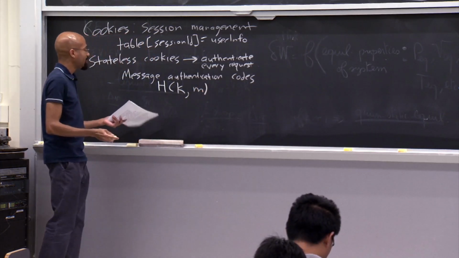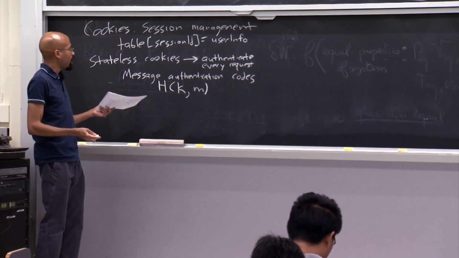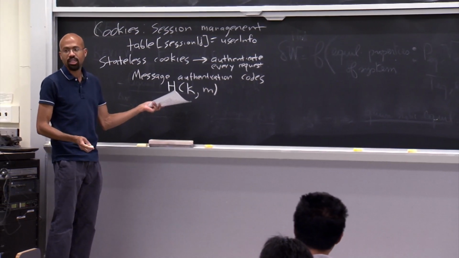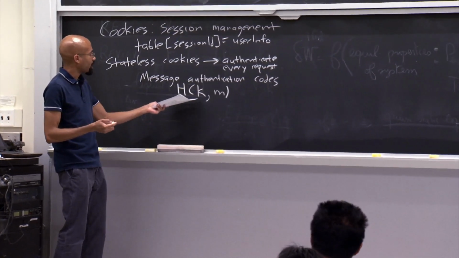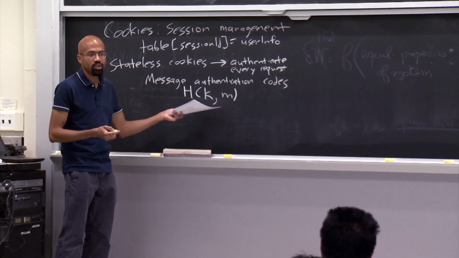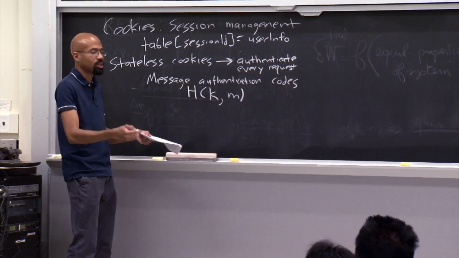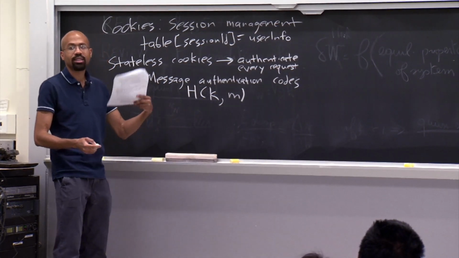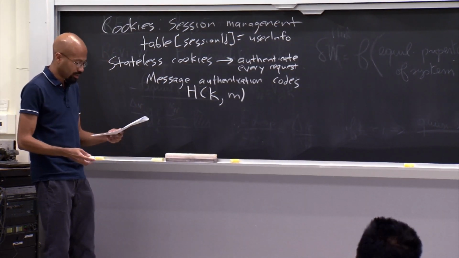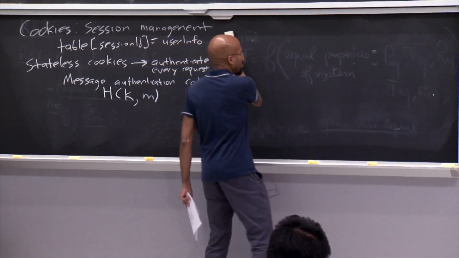The basic idea is that the client, or user, and the server are going to share some secret key K. The client uses that key to produce a signature over the message that it sends to the server, right? And then the server, who also knows the key, can then use this same function to validate that the signature is correct.